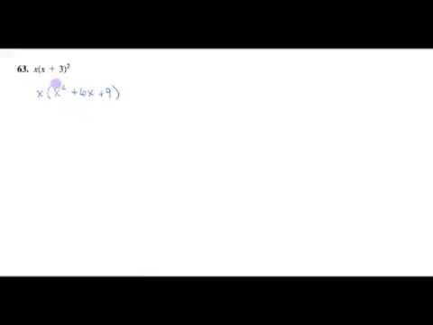Now we just need to distribute the x in front to every term in the trinomial. So I have x cubed plus 6x squared plus 9x.